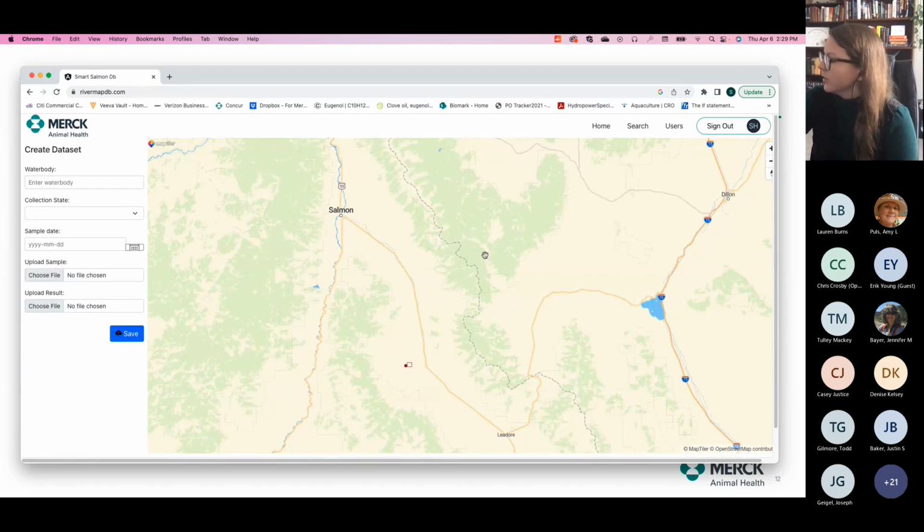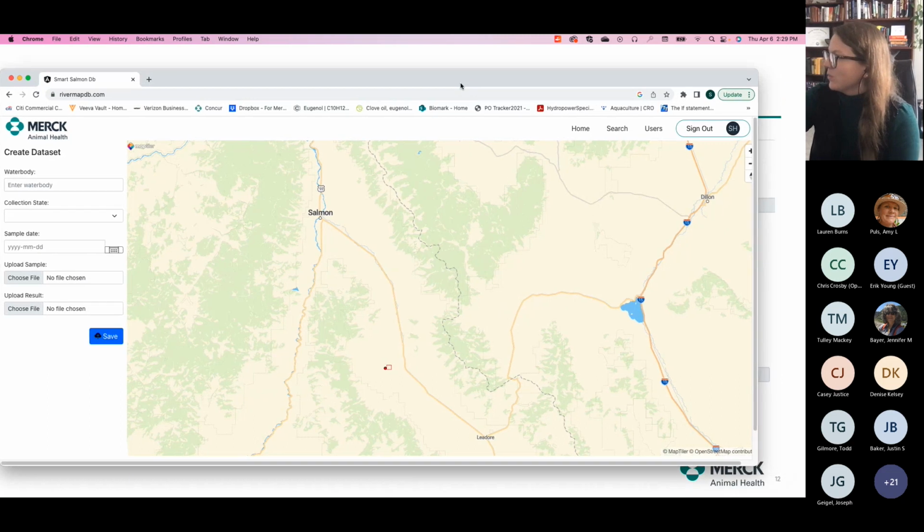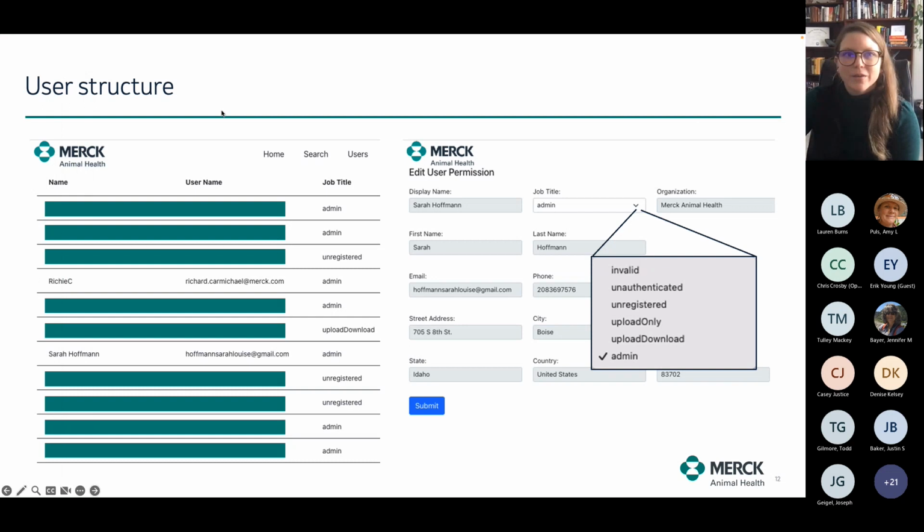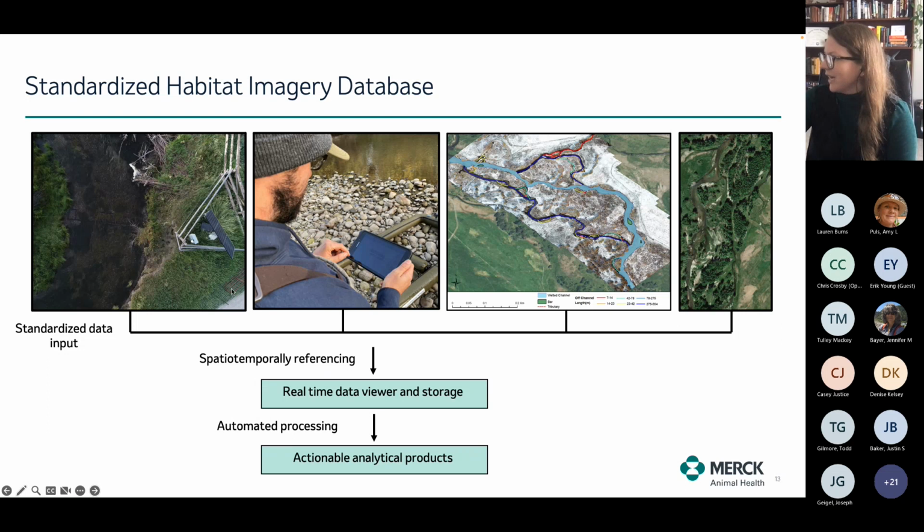Depending on your user role within the authentication process, you also have the ability to upload your data as well. So that's where we are at with the database right now. Looking back to the goals we set out with, we have our standardized data inputs, and we'll make those documents available for the data we are looking for coming into the database. We have a real-time data viewer and storage system set up.